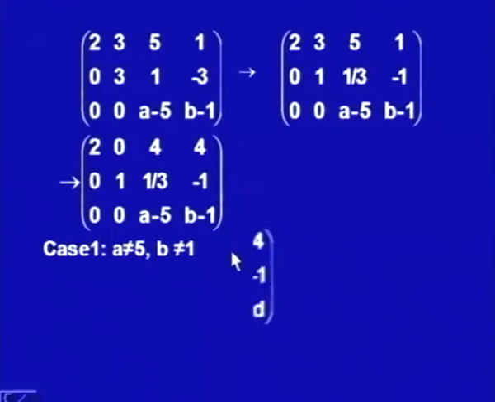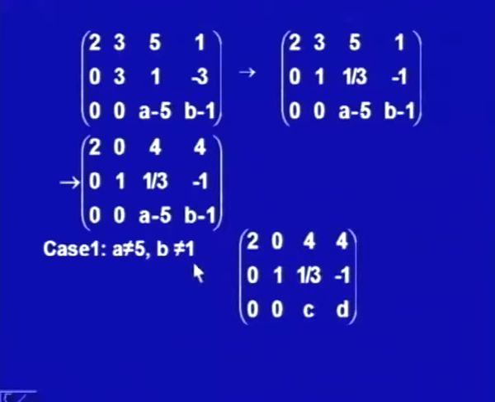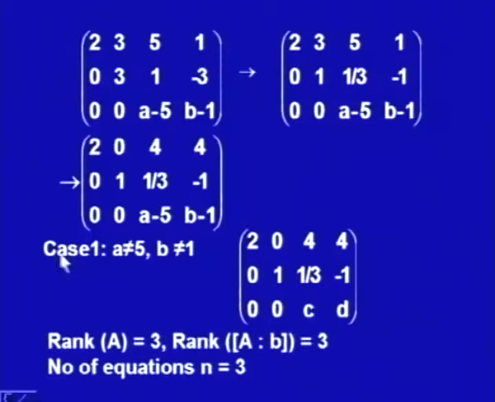So, if a is not equal to 5 and b is not equal to 1, that is, a not equal to 5, let us call it C, and b not equal to 1 is D, then rank of A is equal to 3, because C is not 0. So, rank of this matrix is 3, and rank of this matrix, if D is not 0, will also be 3.